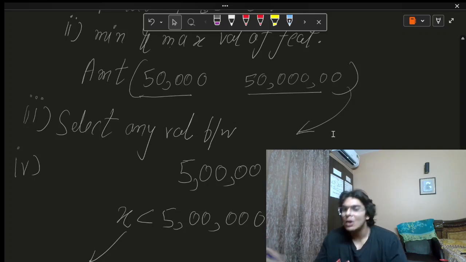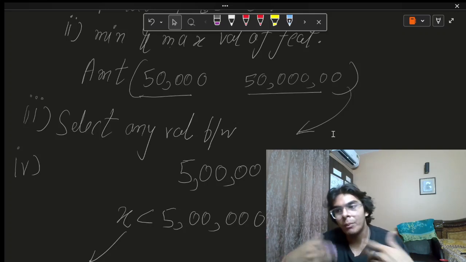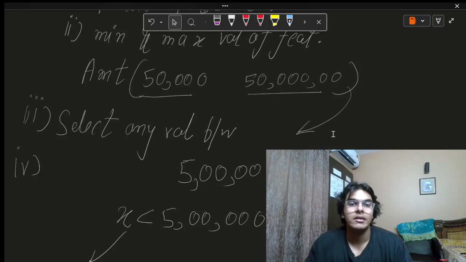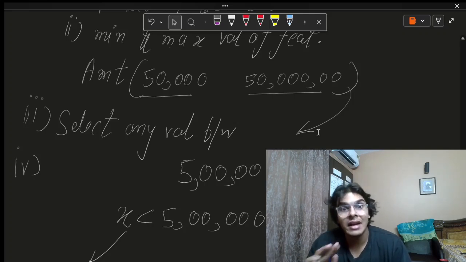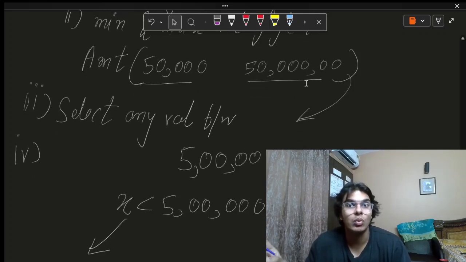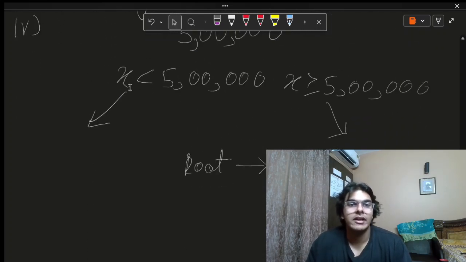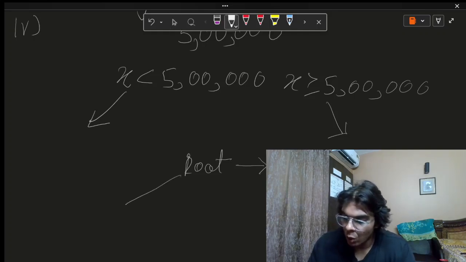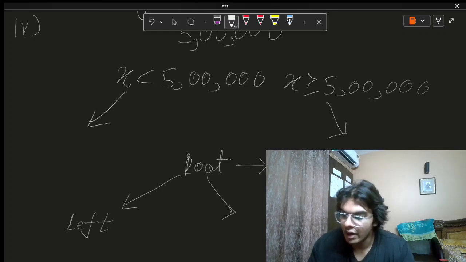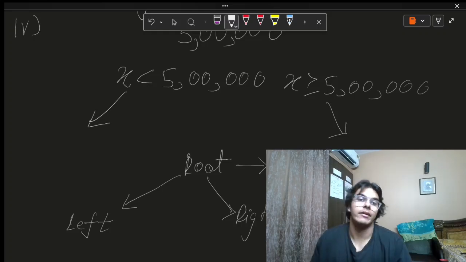There is no algorithm here to select the values, no optimization, no formula, nothing. It cannot be predicted. It is a random value between these two. It can be anything, I don't know what it is. Based on that it will create a split like this. Let's say we have some data point X here. If it is less than 5 lakh, it will go to the left subtree, and if it is greater than or equal to 5 lakh, it will go to the right subtree. This is how it is created.